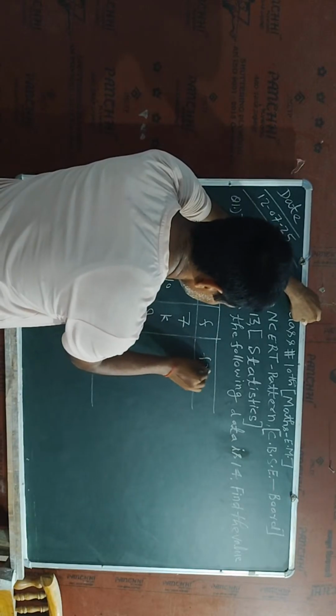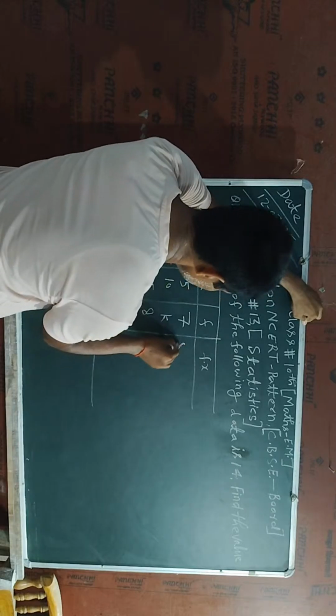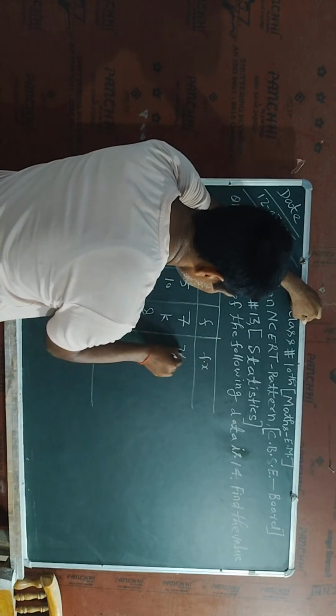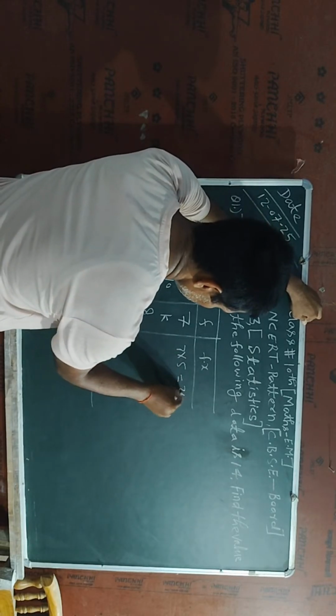Now we have to get the value of f into x. We will take its multiplication. So 7 into 5 will be 35.